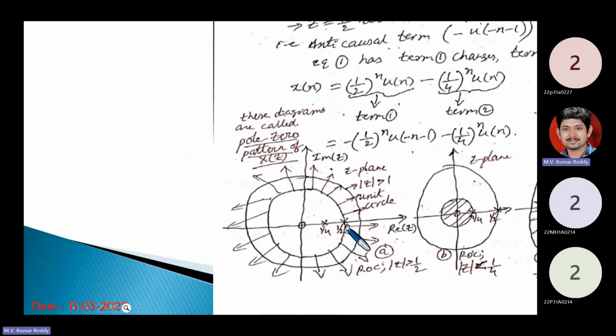We are not taking 1/4 into consideration, only 1/2. So 1/2 is on the left side. Left side means causal, so no change. Right side means anti-causal, you have to change. Okay, got it?